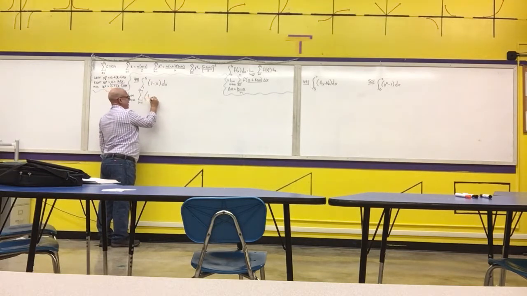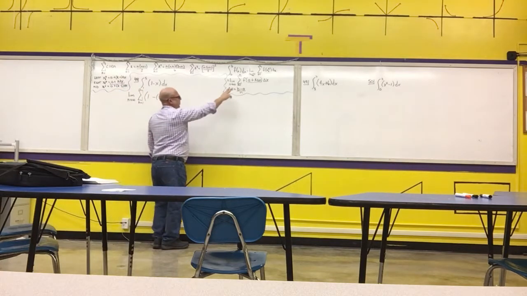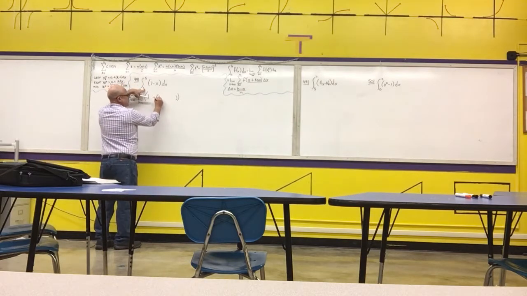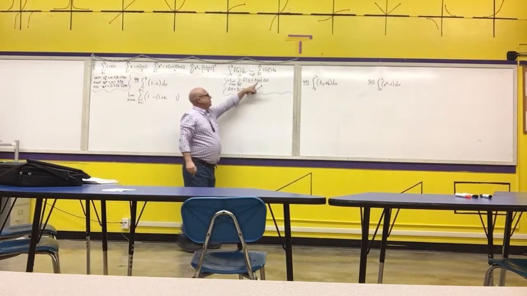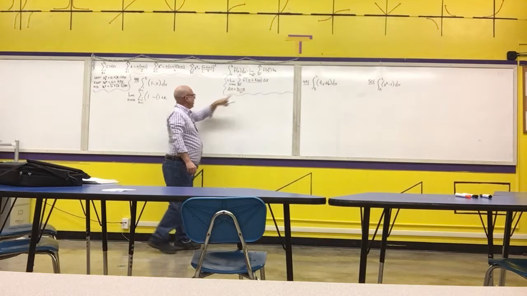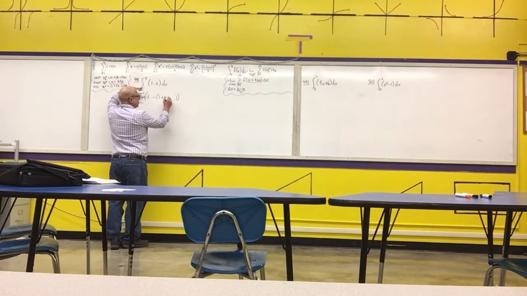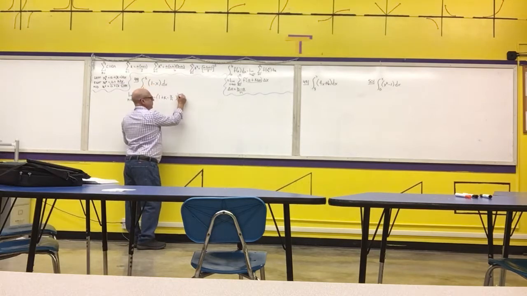I'm going to write 1 minus, and where the x goes, I'm going to put a, which is 1, plus k times delta x. And delta x is b minus a over n. 5 minus 1 is 4 over n times delta x, which is 4 over n.